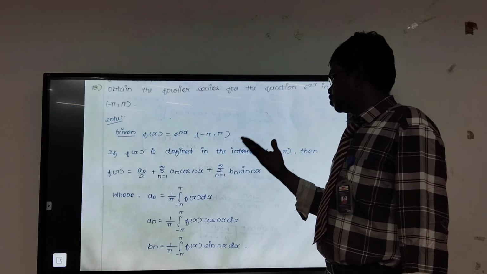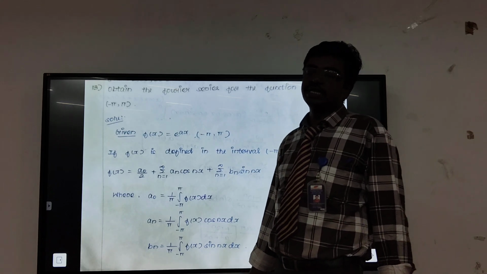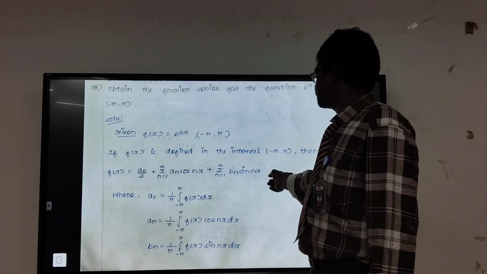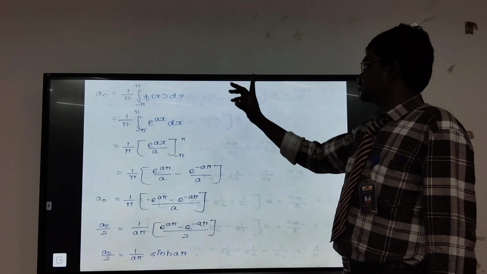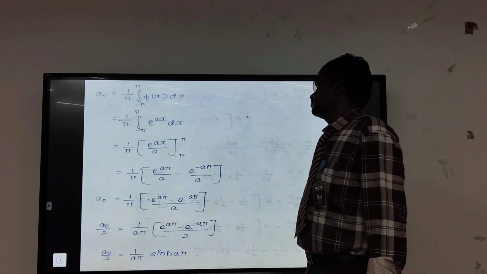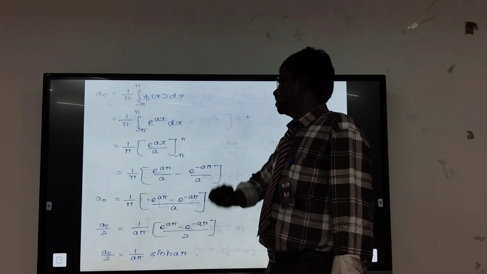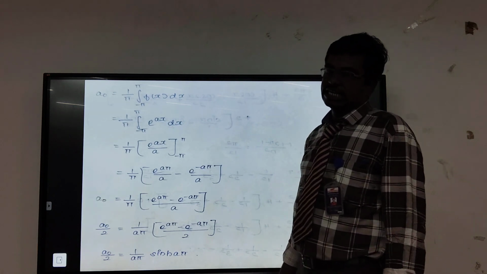In the same problem, we can first solve the Fourier coefficients a naught, a n and b n here. So a naught equals 1 by pi integral minus pi to pi f of x dx. Here in this problem f of x is e power ax. So we will now integrate e power ax.